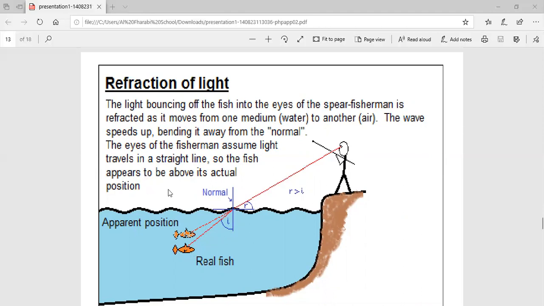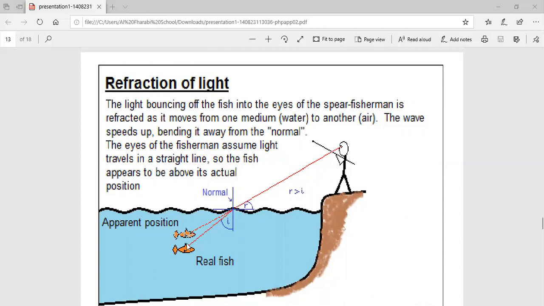The light ray is coming from the fish, from the sun of course. So the sun is sending a lot of light rays, and you can see that the fish has one light ray. Now we are taking only one light ray in our picture. Of course, there are a lot of light rays.